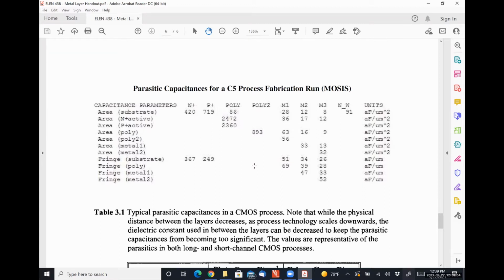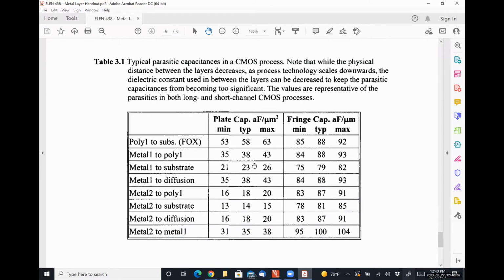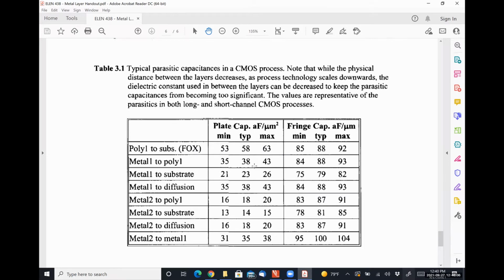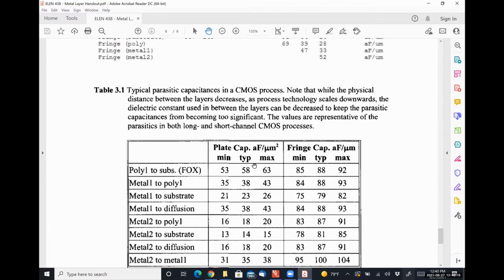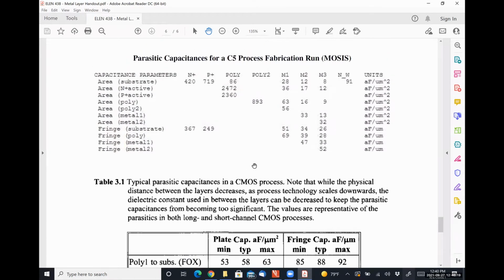Yeah, so there's no fringe capacitance given for poly 1 to poly 2 in the textbook's table either.